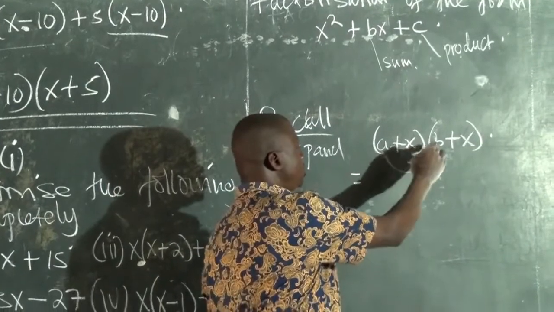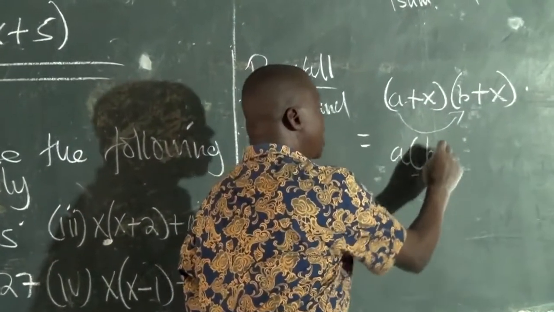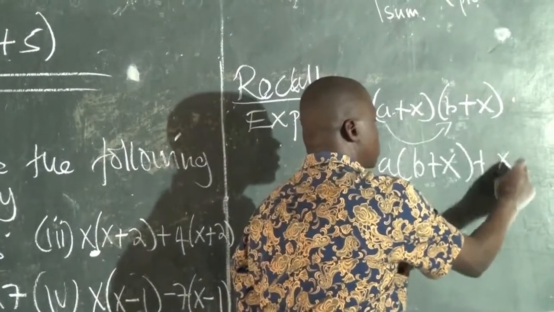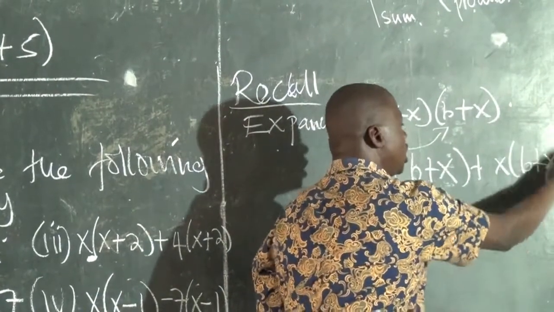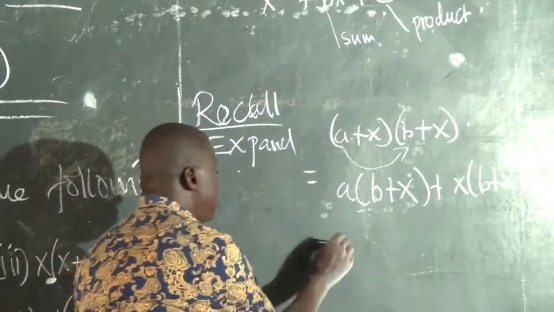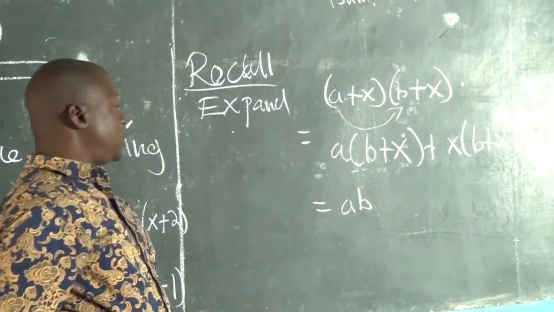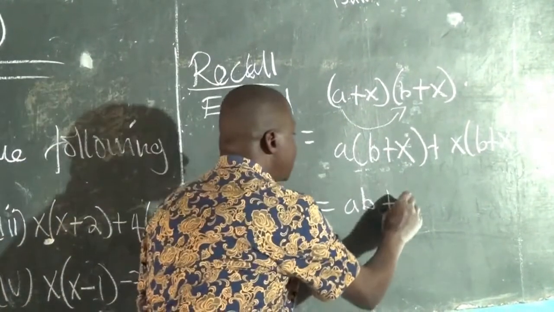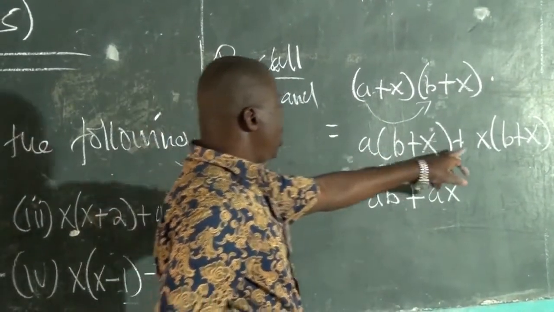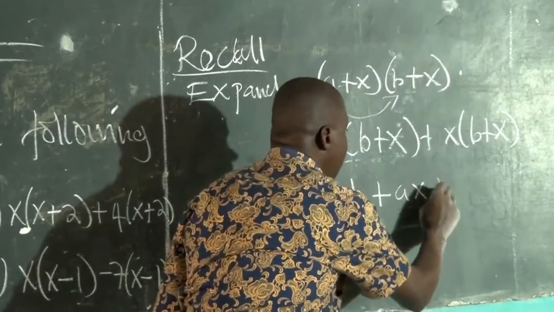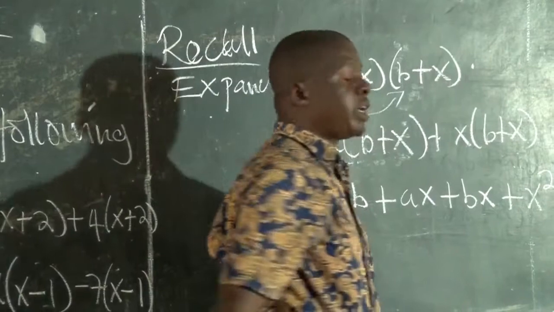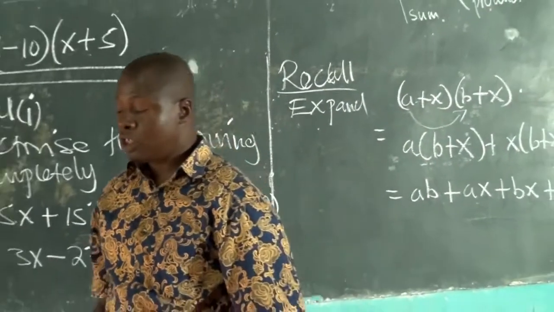That is a into b plus x, x into b plus x. Let us open the brackets. This is ab, that is ab plus ax. Then here we have plus bx plus x squared. It is also a quadratic equation.